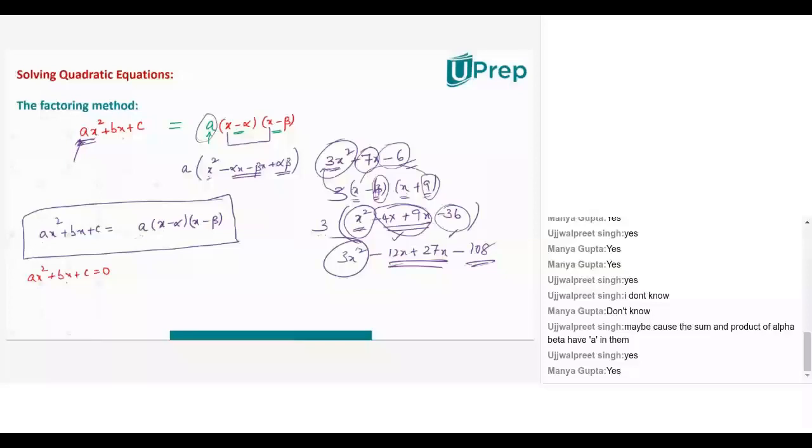Now what I am writing here is for an equation. I need x values out of this. ax square plus bx plus c equal to 0, and just now we have seen from the box above that ax square plus bx plus c is nothing but a times x minus alpha times x minus beta, which should be 0.